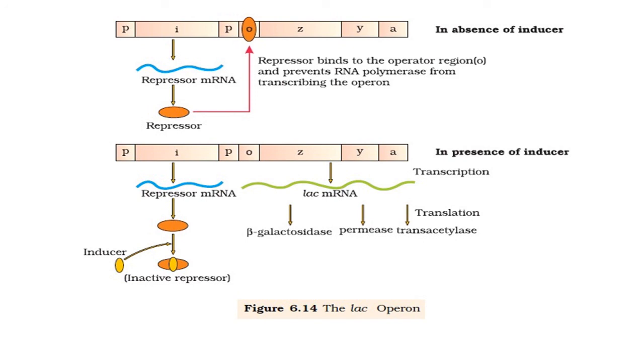The inducer binds and inactivates the repressor, then the lac operon mechanism takes place, that is lac mRNA transcription, translation, and this way lactose metabolism takes place. So, now you can get a clear idea about the lac operon, and it is actually related to the regulation of gene expression mechanism.